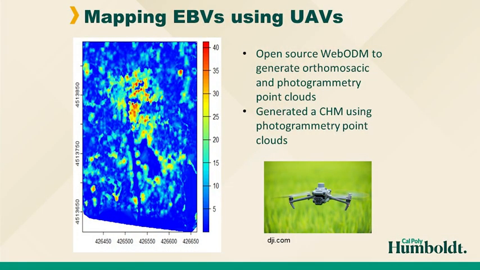Then we collected some RGB images, and we used an open source program called WebODM, which is Web Open Drone Mapping, to generate orthomosaics and photogrammetry point clouds. Using the photogrammetry point clouds, we managed to generate what is called the canopy height model, the height of trees in a small area in the Shorts demonstration farm, which is shown in the next picture.